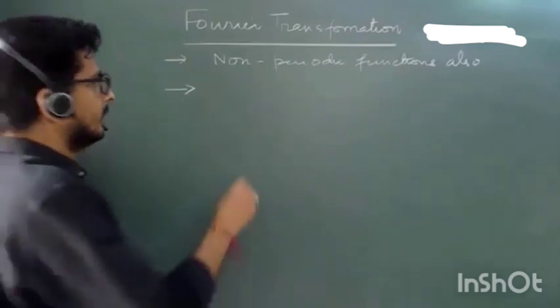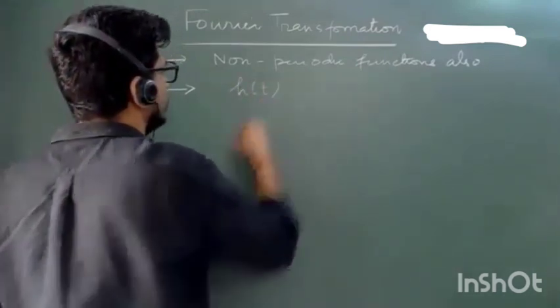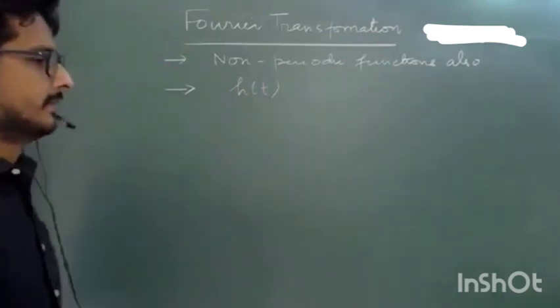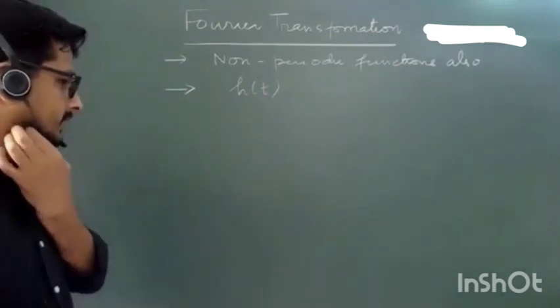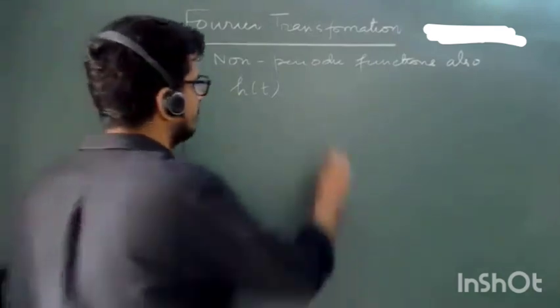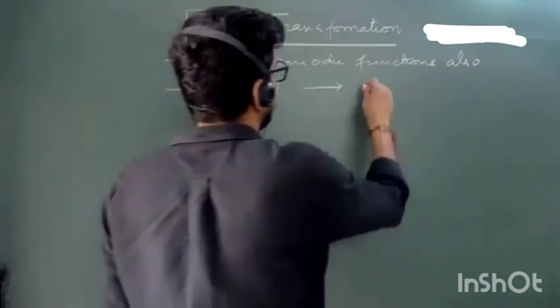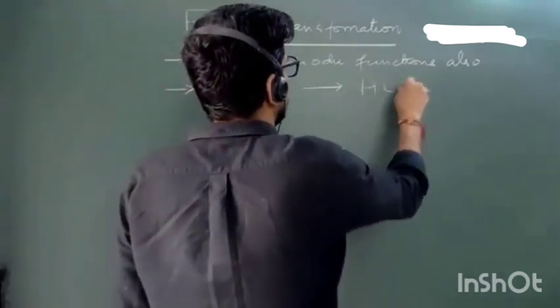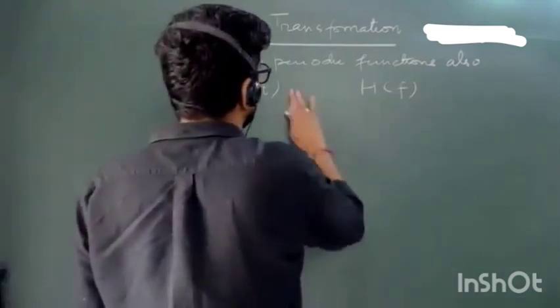Suppose I have a function h(t). This is a function of, suppose, time. Mathematically it can be anything, but let us talk about physics a little bit. So suppose this is a function of time, we can convert this into another space, and that is Fourier space.